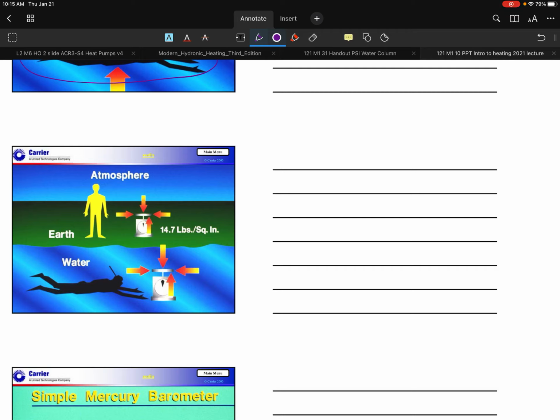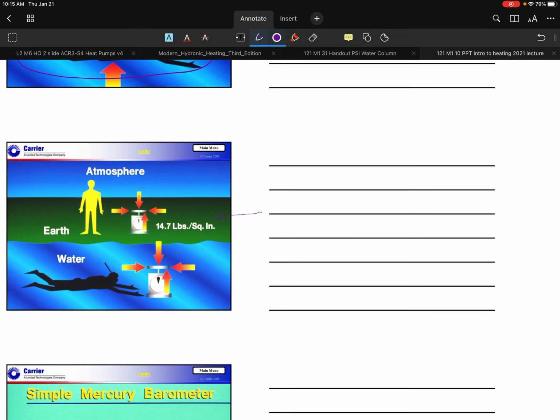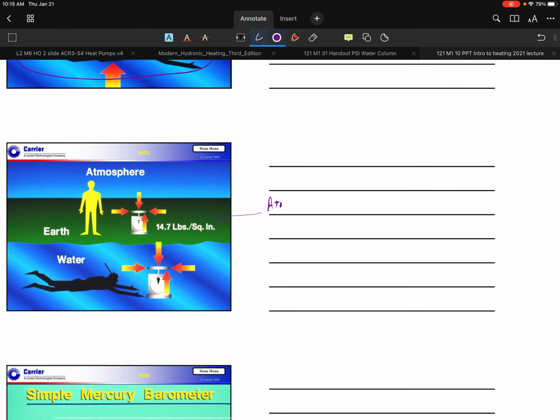Now, when you think about our atmospheric air, our atmospheric pressure, I'll just make a note that this is essentially atmospheric pressure of approximately 14.7 pounds per square inch. That's essentially due to the weight of all the air above us, from the outer atmosphere all the way down to, let's call it, sea level.